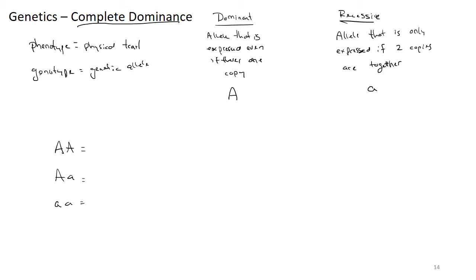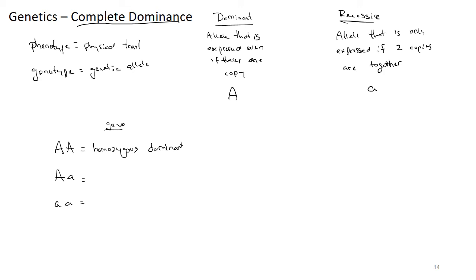So when we're describing somebody's genotype, we can describe it in 3 ways. We can say this person here is homozygous dominant, which basically means homo means same, and we're saying these 2 same alleles are found there. And what shape are they? Are they dominant or recessive? We're saying they're dominant.